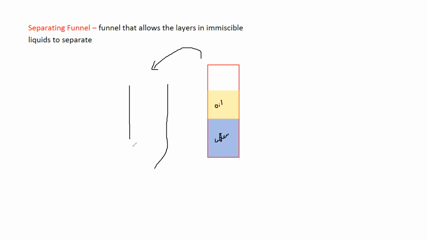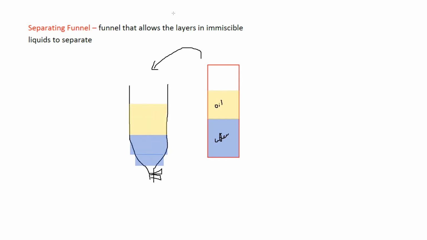At the bottom of a separating funnel, there is a tap. When you transfer this mixture of water and oil, the water will be at the bottom and you will have oil at the top.